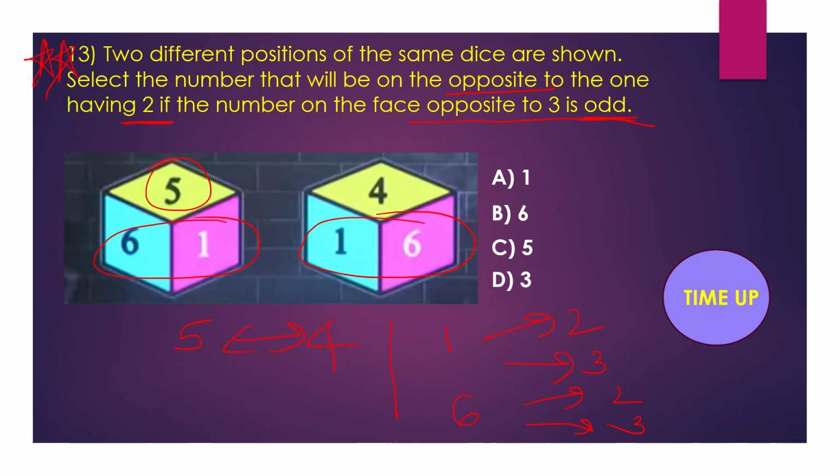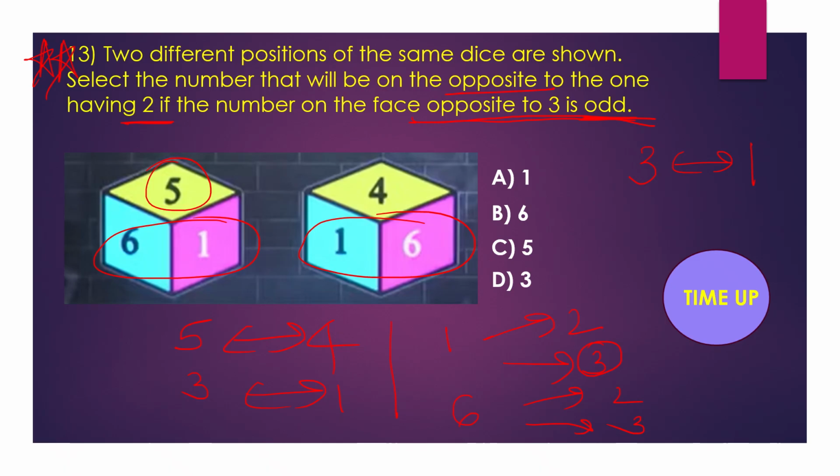So what they have said in the question, we want to find out the opposite of 2, if the number on the face opposite to 3 is odd. This sentence is very important. Opposite to 3 is odd. See, the opposite of 3 should be an odd number. Now, if you consider this, the opposite of 3 is 1. 1 is an odd number. Correct? So the opposite of 3 is 1, you got.